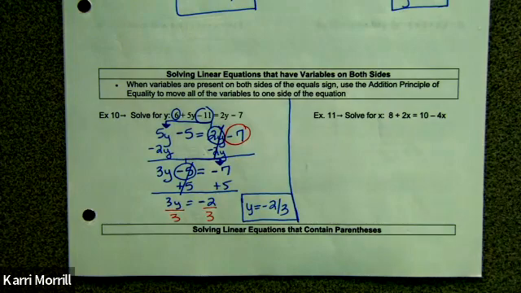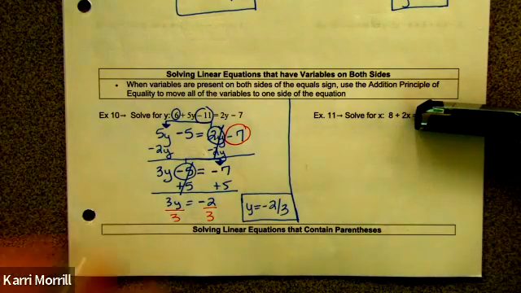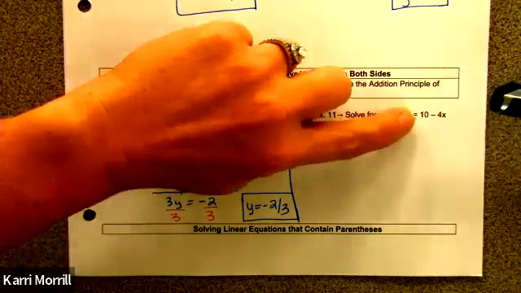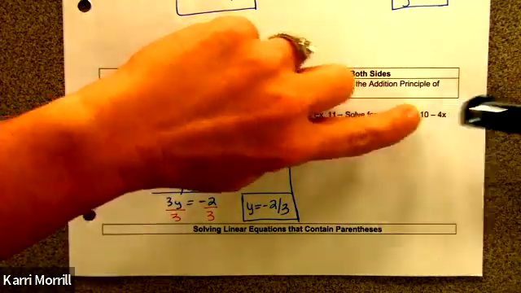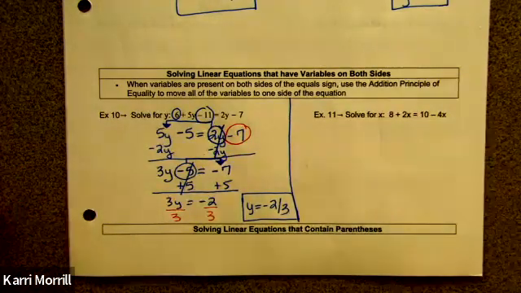Are there any like terms in number 11 to clean up on the left-hand side? There's not on the left. There's just a constant and then the term that has x. And then on the right, same thing. But we can start moving stuff around, can't we? You can start by subtracting 8, subtracting 2x, or subtracting 10, or adding 4x, right?